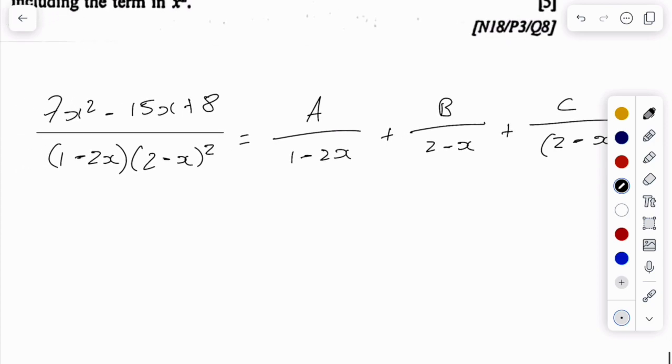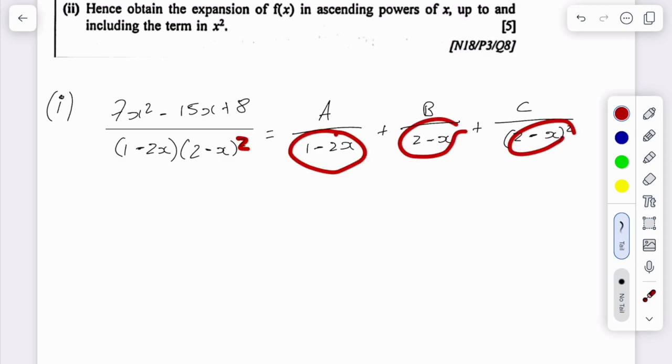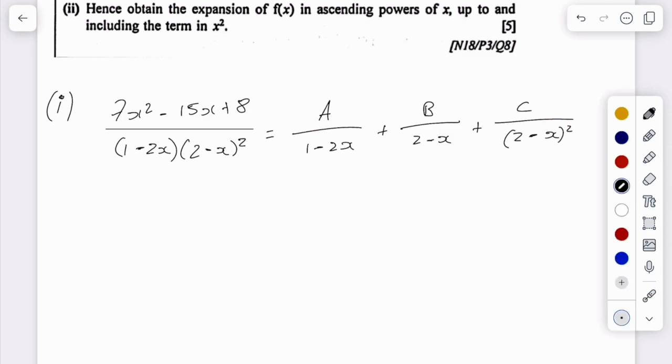Perfect. Now, what's key here is you notice that we've put it in this form, and that's because we've got the nth power here, which is 2, so we expand it like this.